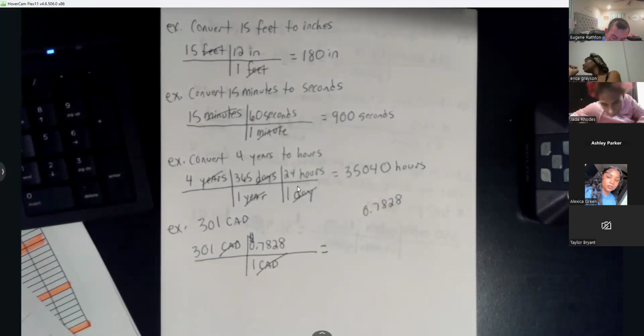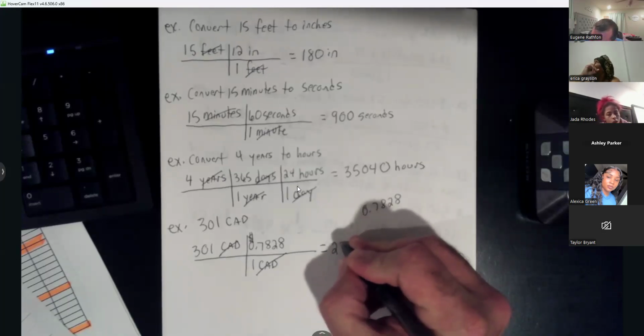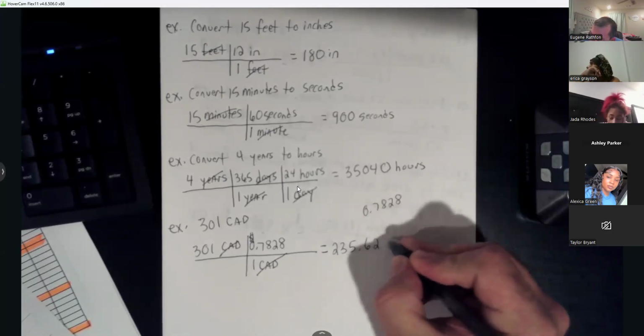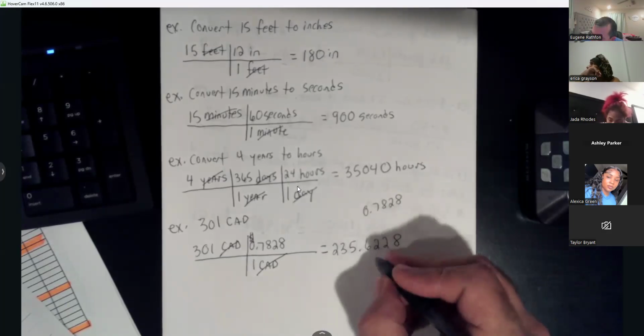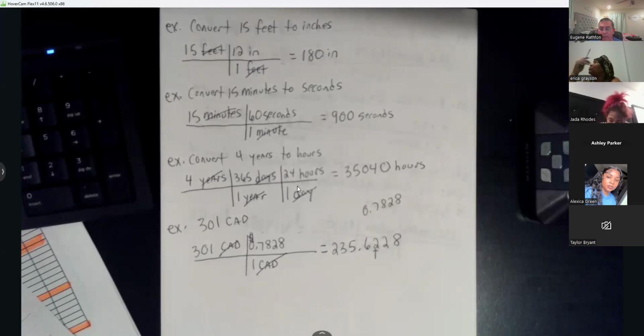So 301 times 0.7828. So y'all, I'm getting this 235.6228. So I'm rounding 2 decimal places. That's where that 2 is. Are you leaving it a 2 or rounding it up?